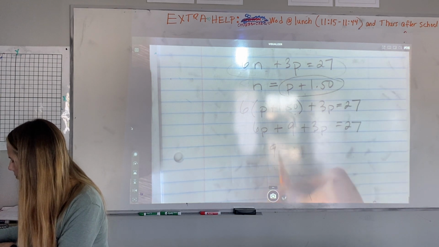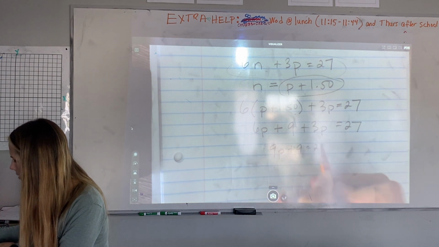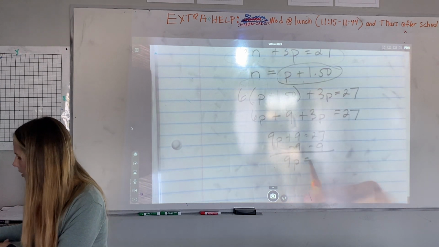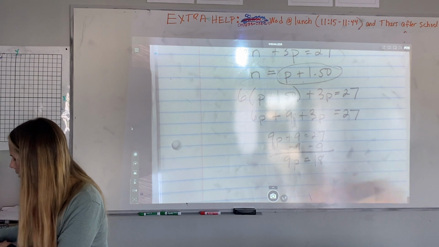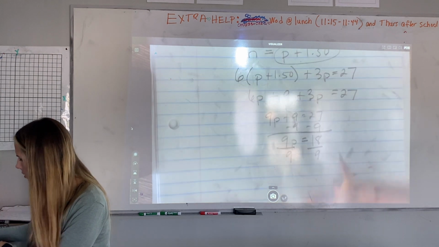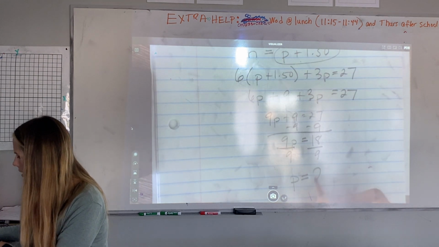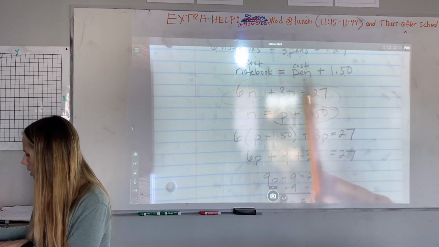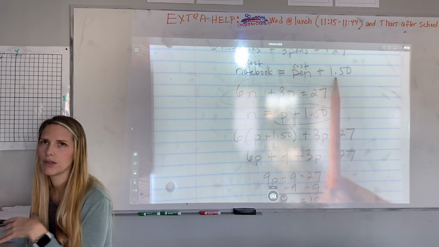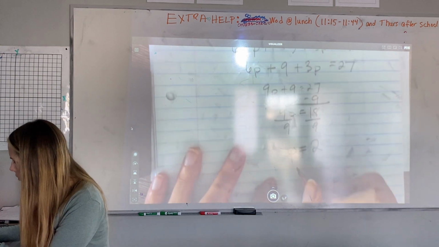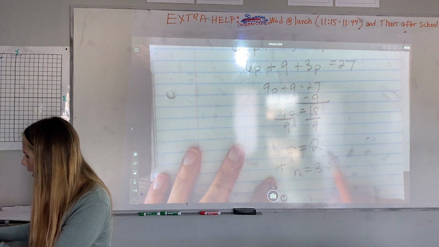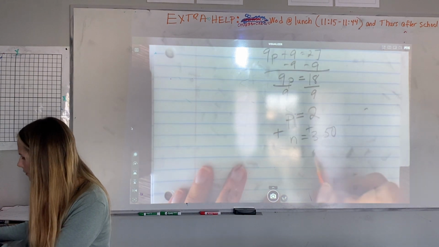Combine and we get 9P plus 9 equals 27. Subtract 9 on both sides. 9P equals 18. Divide by 9. And how much is the cost of a pen? $2. Then the notebook is whatever the pen is plus 1.50, so that would be $3.50. The combined cost, P plus N, would be $5.50.